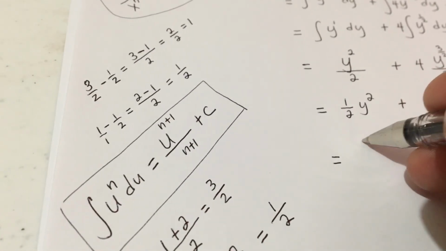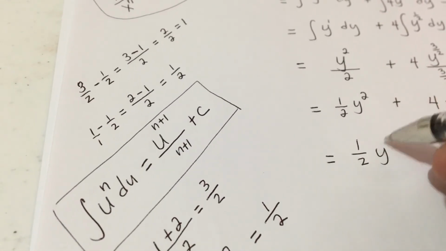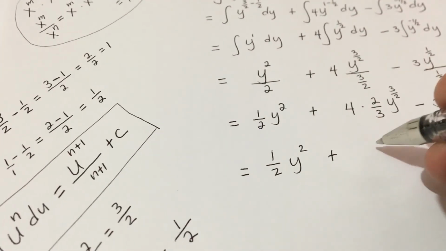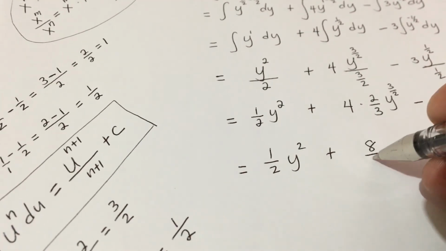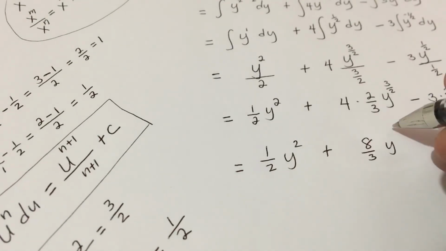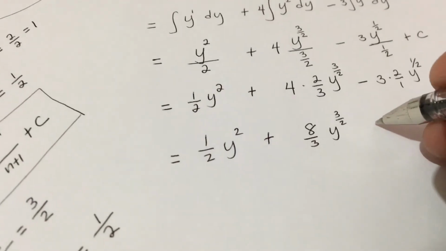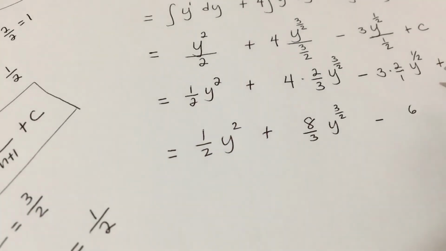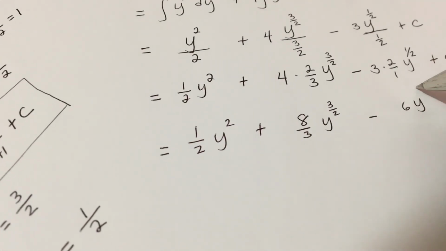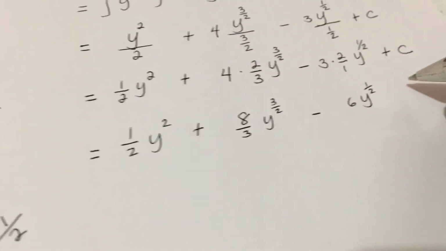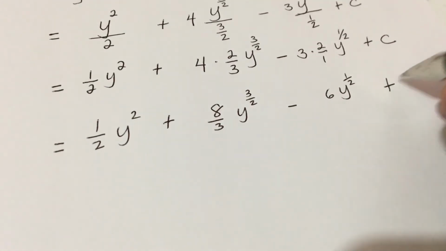or this is 1 half y squared plus 8 over 3 y to the 3 halves minus 6 y to the 1 half, then plus c.